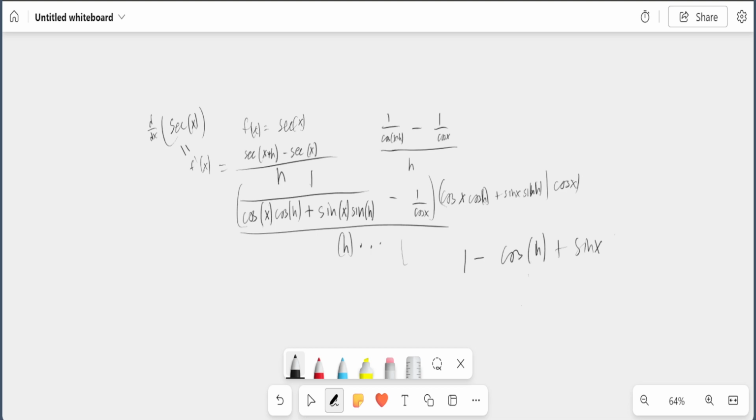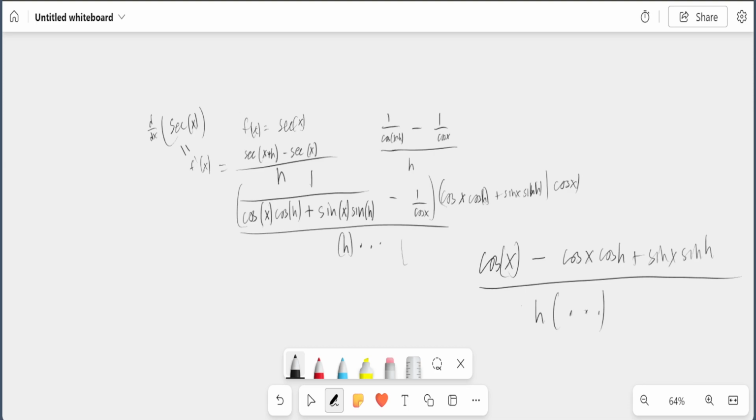Wait, sorry, that's completely wrong. It's cosine x minus cosine x cosine h plus sine x sine h, over h, times all of that. Is that what you were saying, the multiplying?